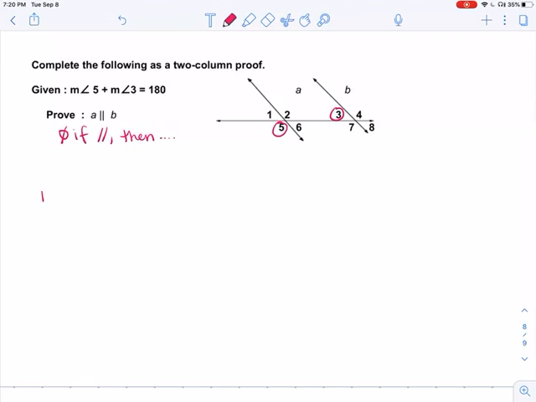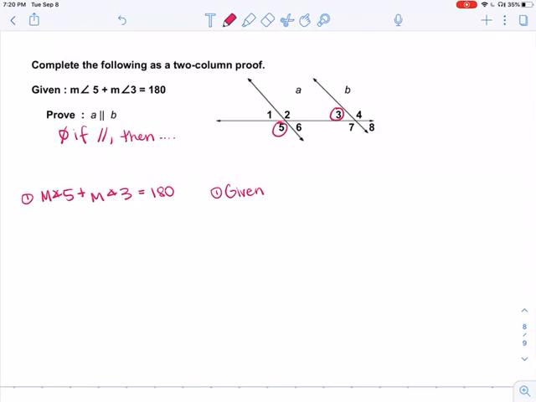So we're going to start out with the measure of angle 5 plus our given measure of angle 3 is equal to 180. And we need some sort of a bridge to get us a connection between 3 and 5. Now, if we can't use if parallel, then our keys here are our linear pairs or our vertical angles.